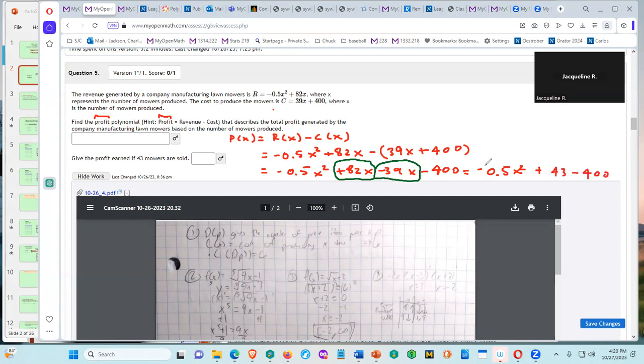And that is the profit polynomial right there. Oh wow, was that easy? Yeah. And so now they say give the profit earned if 43 mowers are sold. And so you can substitute 43 in here to get that. Make sense? Yes, sir. Thank you. You're welcome.